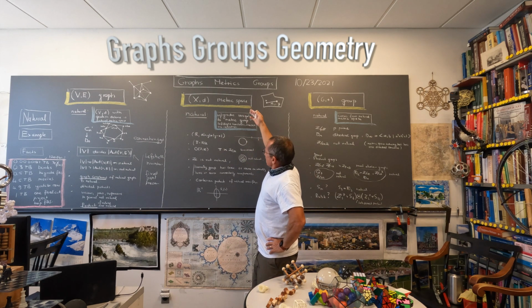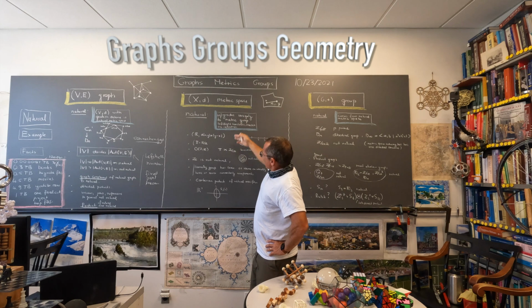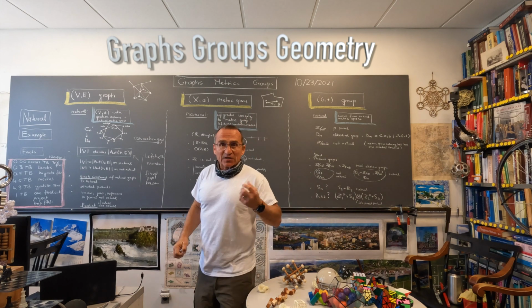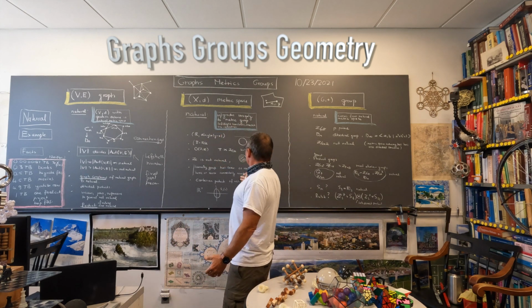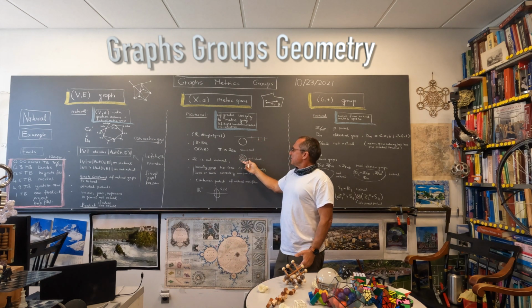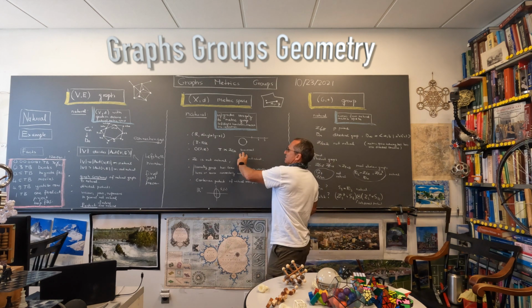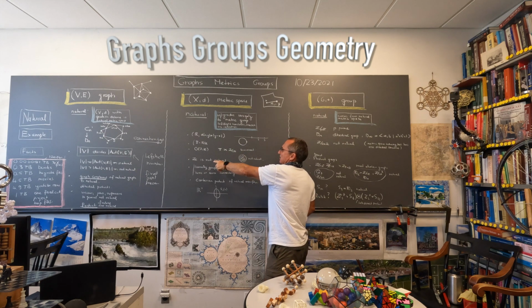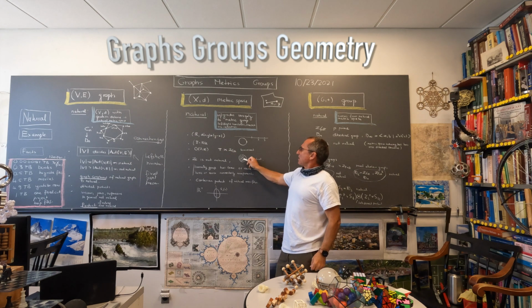In the case of metric spaces, we also need a relatively large symmetry. If you look, for example, at this space here, this space is a disk, and the symmetry group is just the rotation group, O2R, and that's not big enough to cover the whole thing.